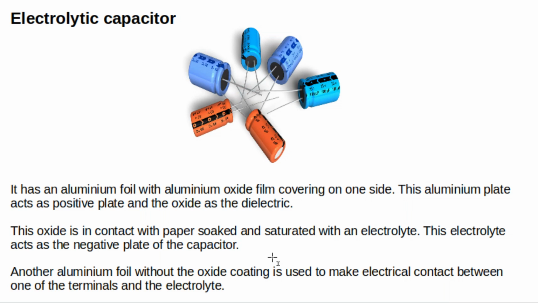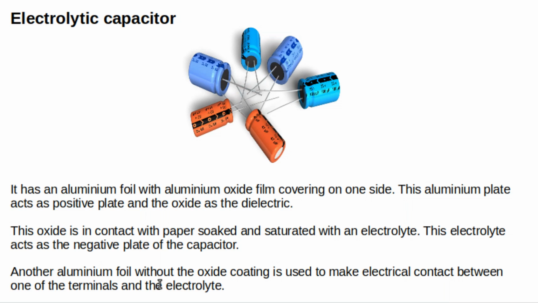So for an electrolytic capacitor we have an aluminum foil with one side of which is aluminum oxide film. The plate acts as the positive plate of the capacitor and the oxide layer acts as the dielectric, and in contact with the oxide layer we keep a paper soaked in electrolyte, and the electrolyte acts as the negative plate of the capacitor.